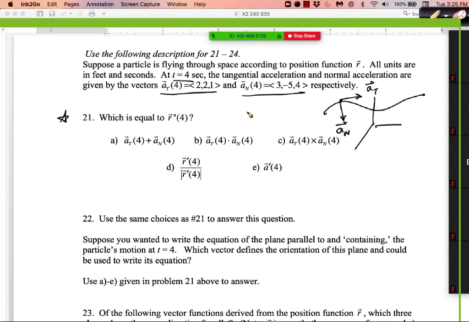The question is, how do we get this? The second derivative is the acceleration, that's all of it. So how do we get the acceleration from the tangential component and the normal component?